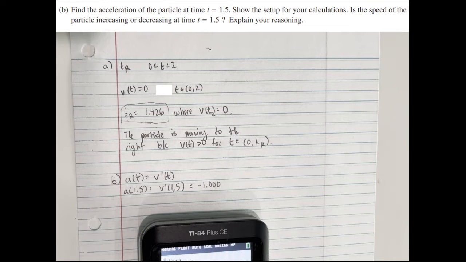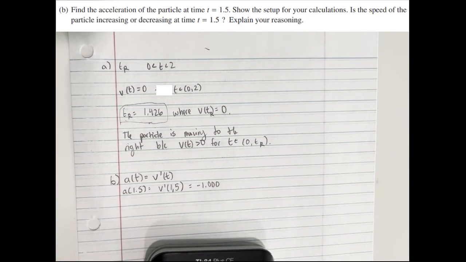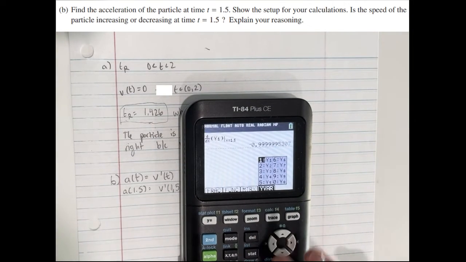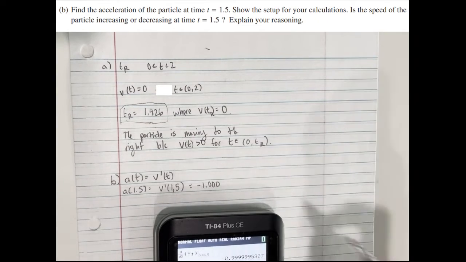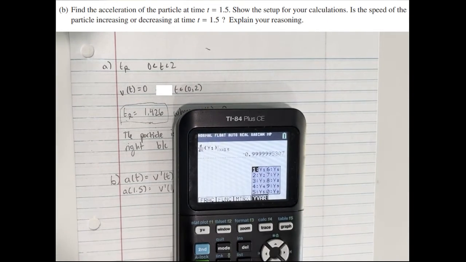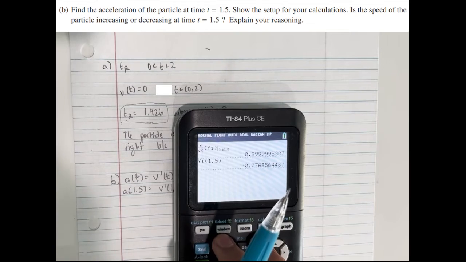So now it asks, is the speed of the particle increasing or decreasing at time t equals 1.5? So the speed is increasing when velocity and acceleration have the same sign. We can see that acceleration is negative. Let's quickly check and see if velocity is negative. I'm going to do y1 of 1.5. This is v of 1.5, and that's negative 0.077.